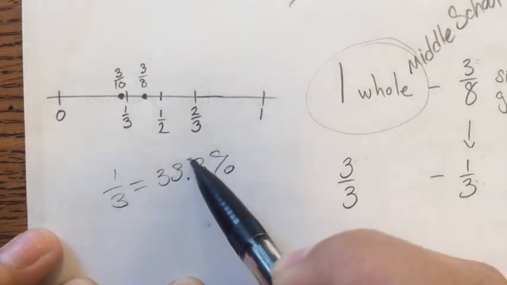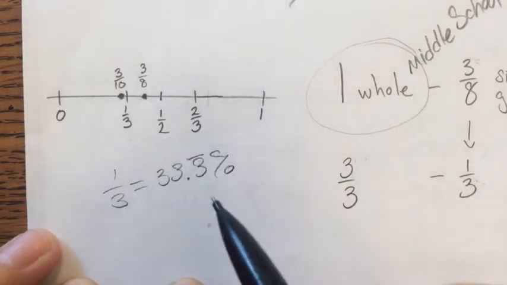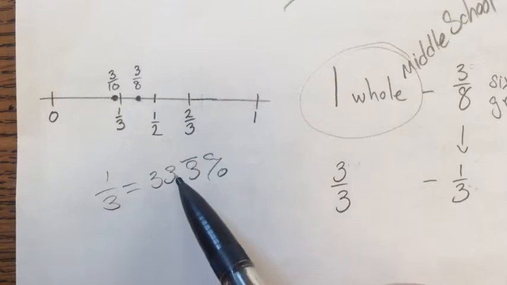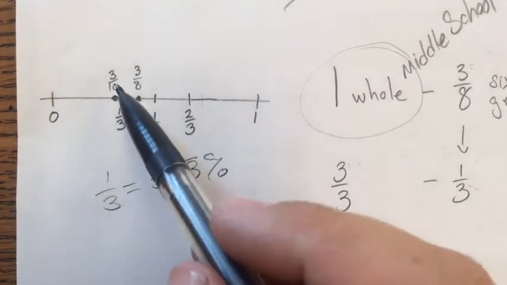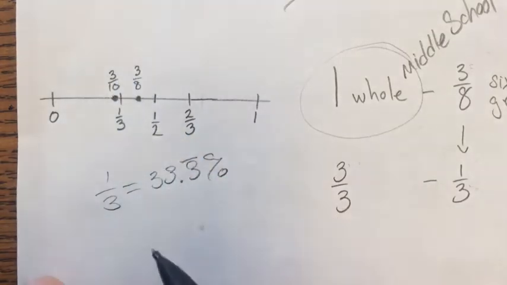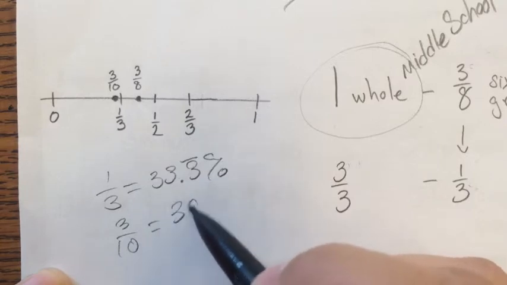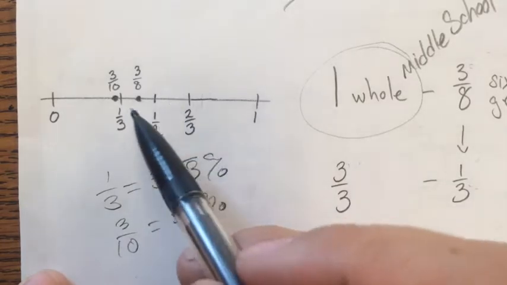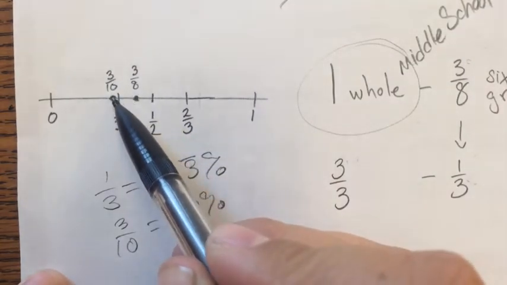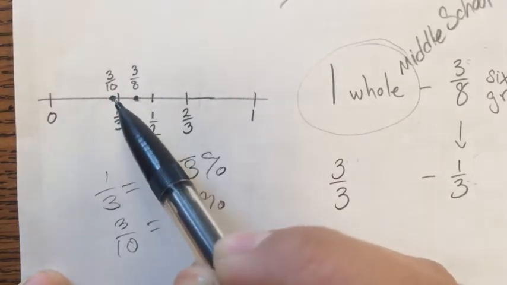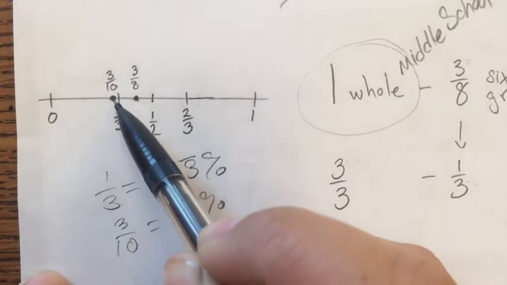33.3%, right? And then the 3 keeps going on forever and ever. 33.3333333%. So this number is bigger than 3/10 because 3/10 is 30%. So I know that 3/10 goes a little bit less than a perfect third. And it's very close to a perfect third.